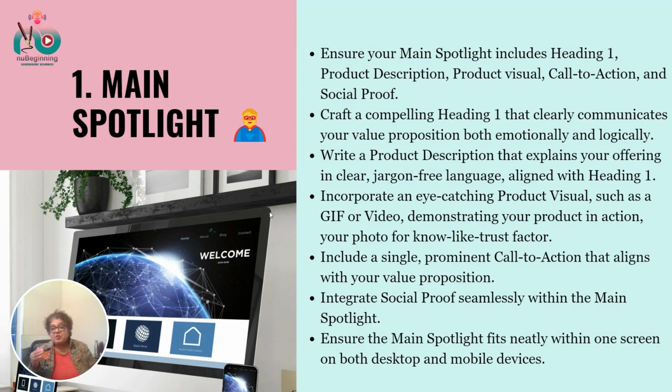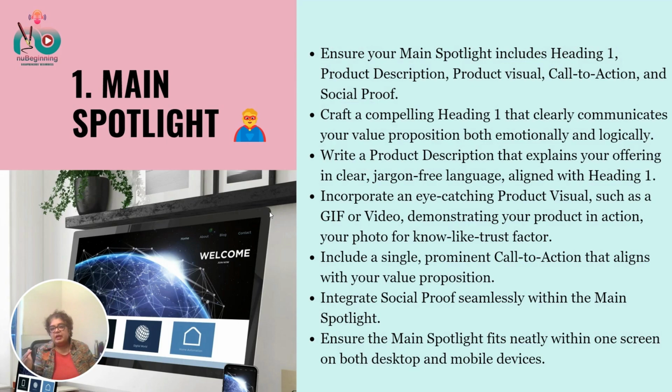First, main spotlight. Ensure your main spotlight includes the heading, that is the H1 heading, title, product description, product visual, call to action, and social proof, as we discussed in detail before. Crafting a compelling headline. This is a checklist, so just make sure that you have done all these things on your landing page.